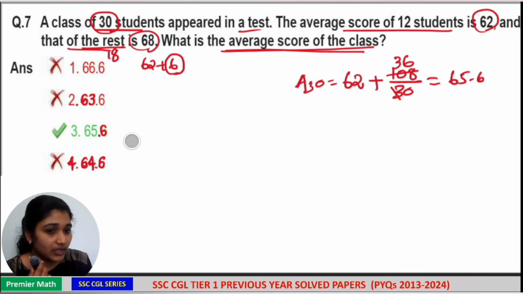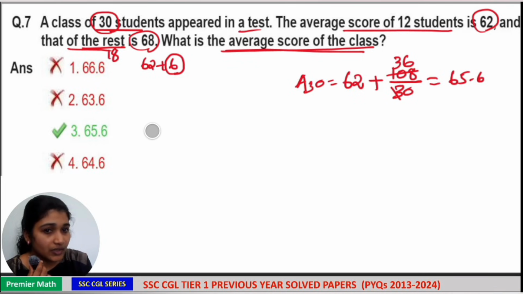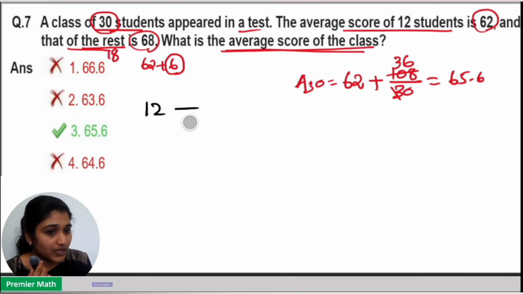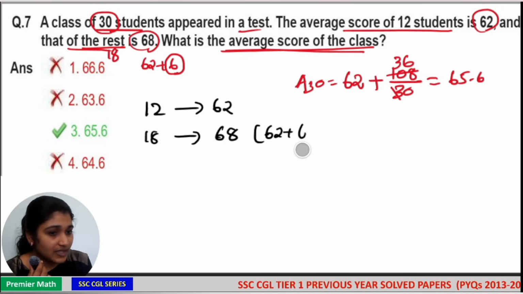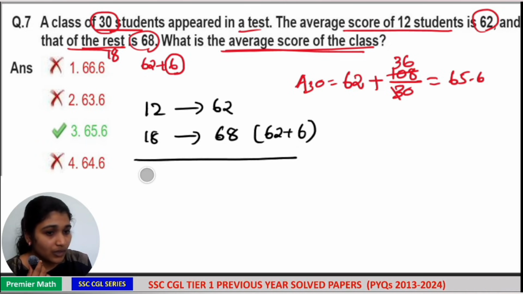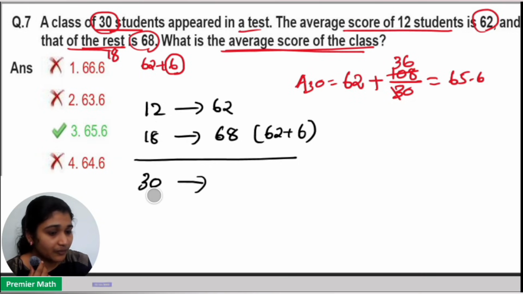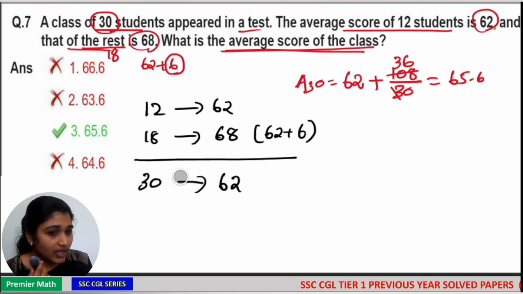Option 3 is your answer. Now if you want the proper explanation, here the average of 12 students is 62, and the rest of the students, 30 minus 12, 18 students, have average 68. 62 plus 6 is 68. Now to find the average of 30 people, here 12 plus 18 is 30. Now take the common average among 62 and 68, which is 62. Here total average, 12 plus 18 is 30, so add plus.